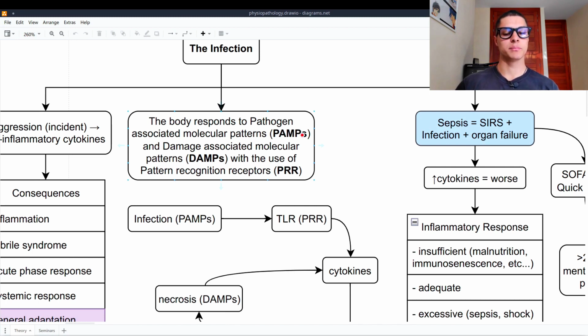These are called PAMPs, and these come from the exterior, from pathogens which cause the infection. And we also respond to damage-associated molecular patterns, DAMPs. These are our own molecules that come from our own cells because they are damaged and the internal molecules come out. We respond to these two, PAMPs and DAMPs, using pattern recognition receptors, the PRR.